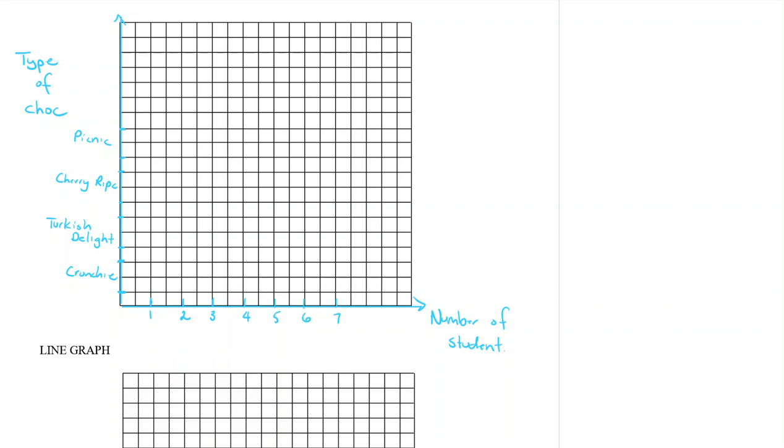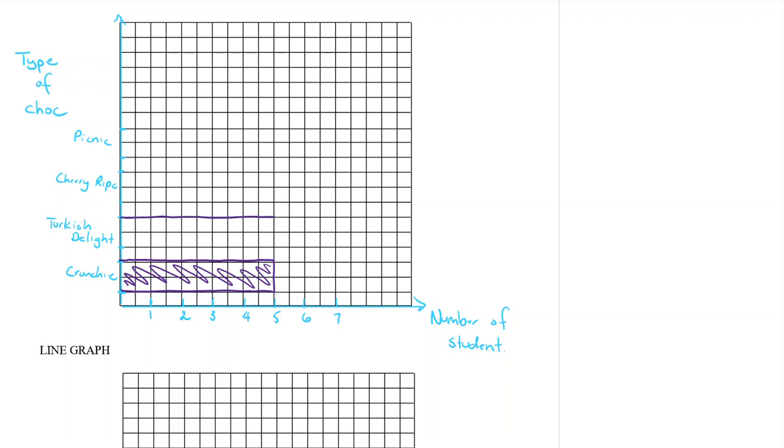Okay, now let's draw in our bars. So starting with the Crunchie, it had 5 people. So bars coming out horizontally. So remember they're two spaces wide. And we get a nice bar like that. Turkish Delight was 6.